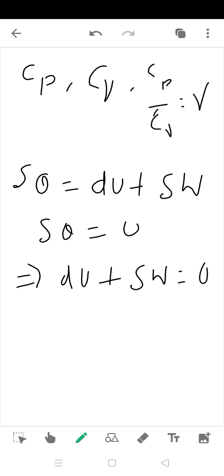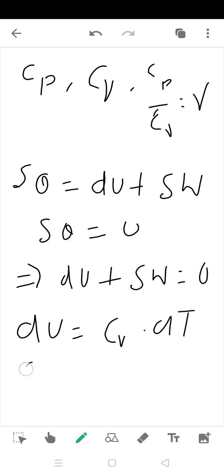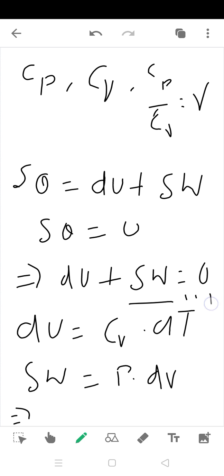As we previously calculated, dU will be Cv into dT and del W is P into dV. So this is equation 1.